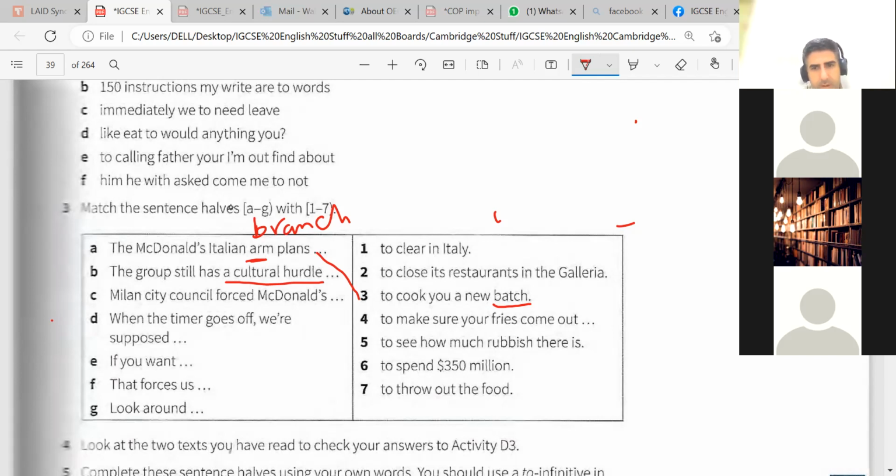Yes, you are right. Or you can say to close its restaurants in the Galleria. So this Galleria, this is the name of a certain area. So you are right. So here too.